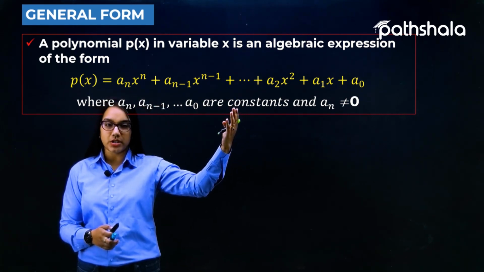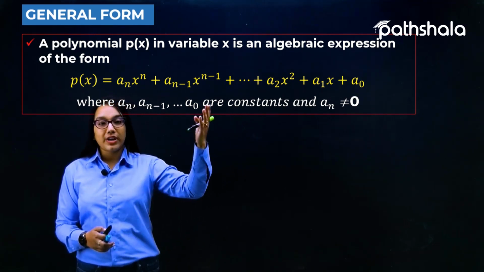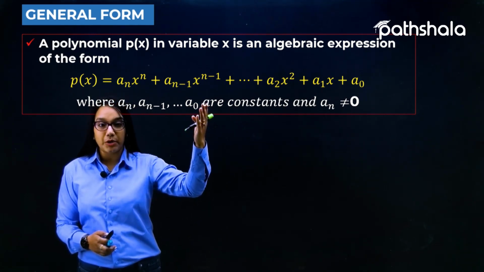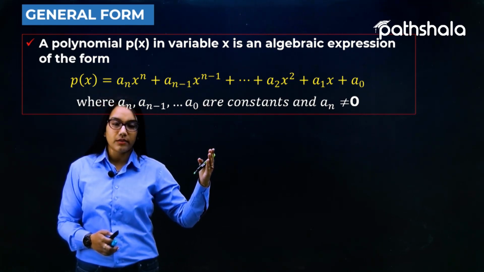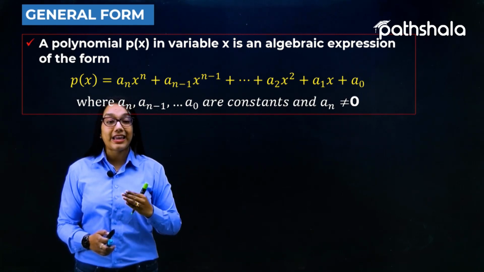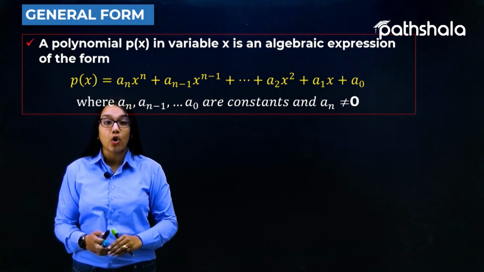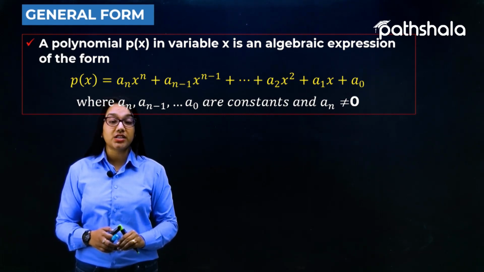So always remember, this is the journal form of a polynomial, where an-1 through a0 are called the constants, with the condition that an can never be equal to 0. For instance, take p(x) = x square.